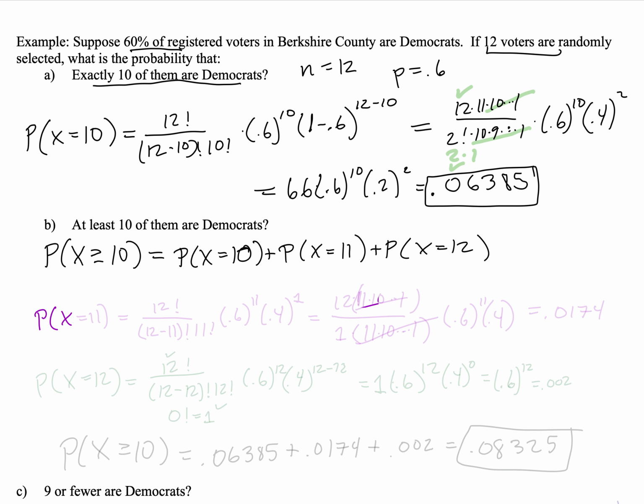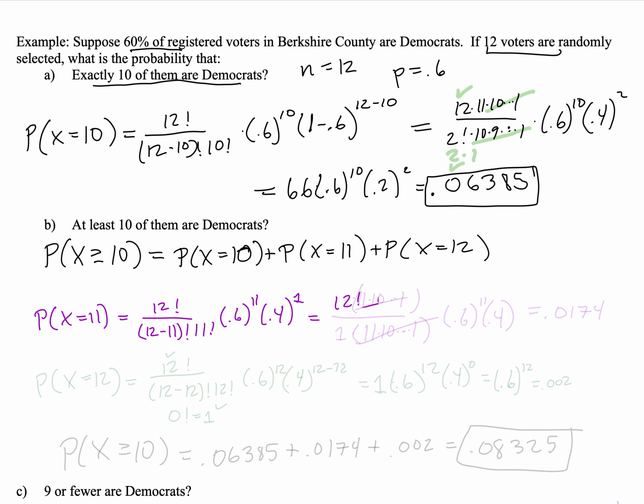The probability that x is equal to 11 is 12 factorial, n factorial, divided by 12 minus 11, n minus k factorial, times k factorial, multiplied by the probability of success, 0.6, to the k, to the 11th power, times 0.4, the probability of failure, to the 12 minus 11, the n minus kth, so 12 minus 11 is just the first power.